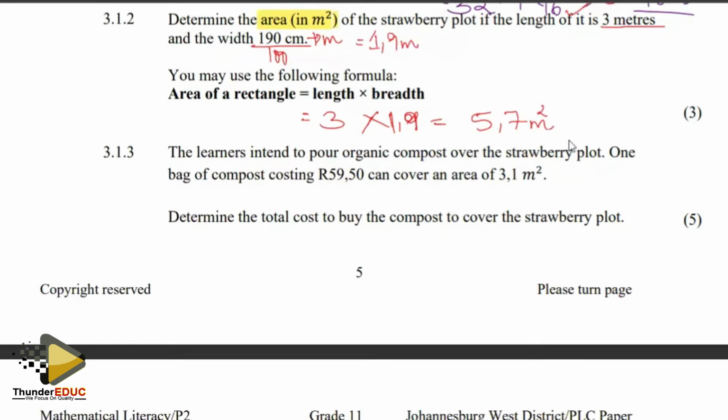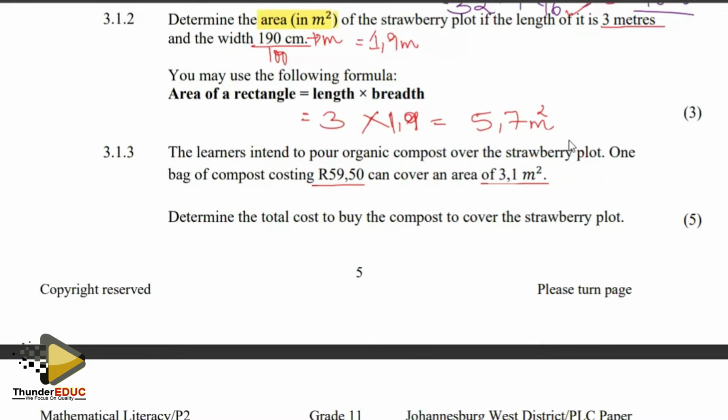The learners intend to pour organic compost over the strawberry plot. 1 bag of compost costs 59 rands 50 cents, and covers an area of 3.1 meters squared. That's the area covered.